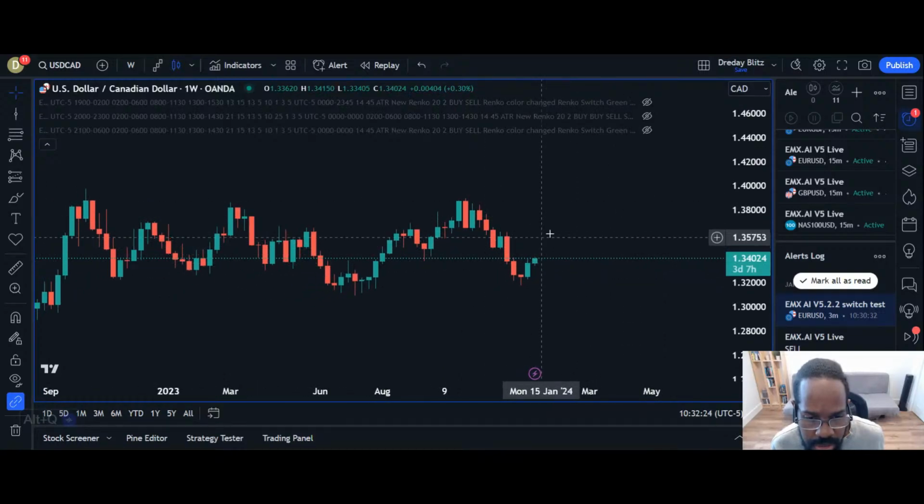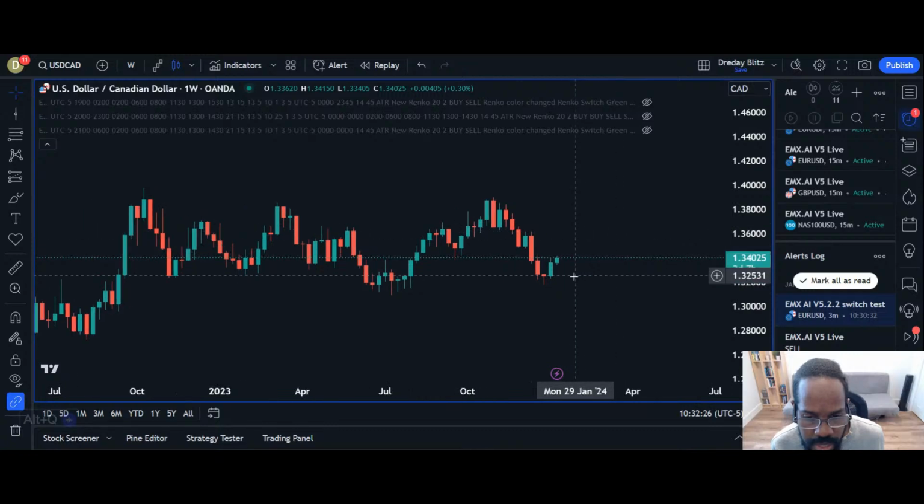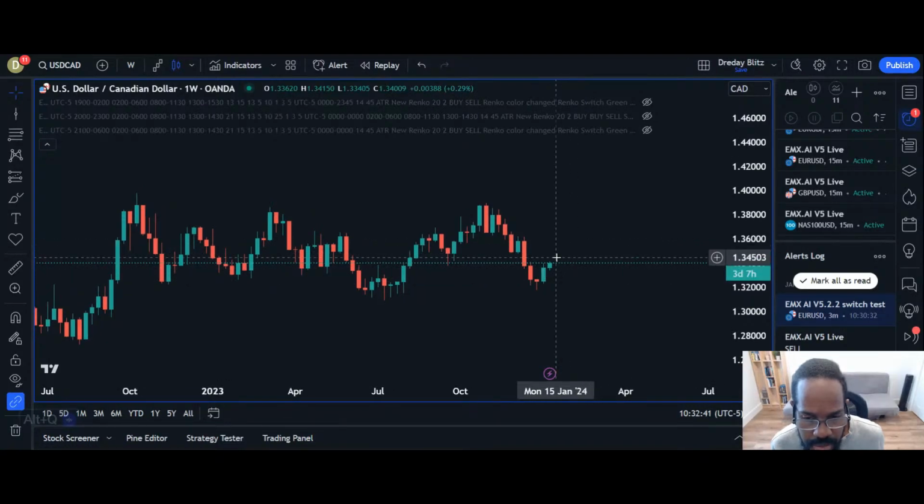It's off of the weekly. So the weekly is telling me that USD CAD is bullish. I'm expecting to go long. Okay, so off of that information, now I could go on the lower time frame and start getting in position.